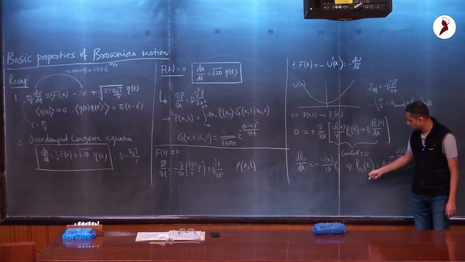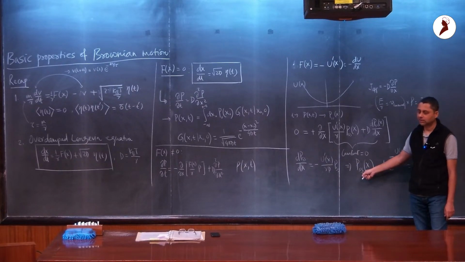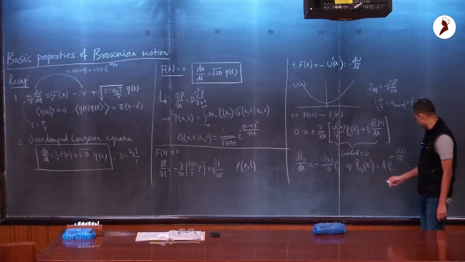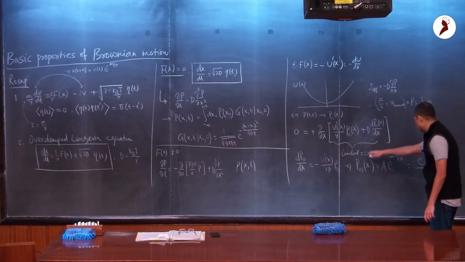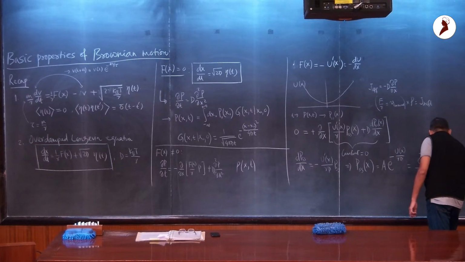Because it is a probability density function, if I integrate over all space, it has to be equal to 1. So therefore, if I integrate this guy, that has to cancel with this guy. So this constant is 1 over the integral of e to the power minus U of x by kBT dx.